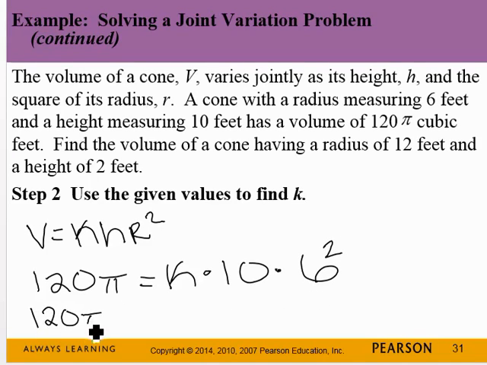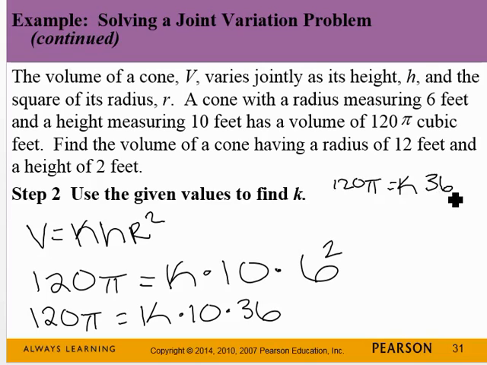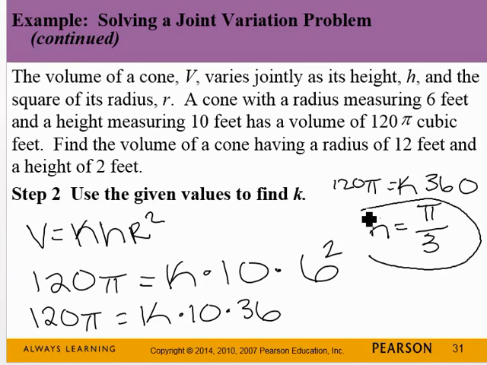Now we're going to solve for k. I'm going to rewrite it over here. So this means in the end we'll have k equals pi divided by 3. So my constant is going to be pi over 3.